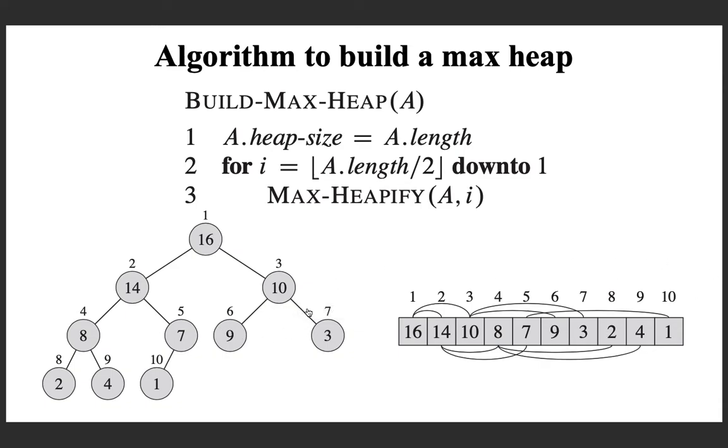You can see that there are 10 elements in the array or in the heap, and if you look at any index beyond 10 by 2, 10 by 2 is 5, that is 6, 7, 8, 9 and 10, you can see that all these are leaf nodes in the tree.